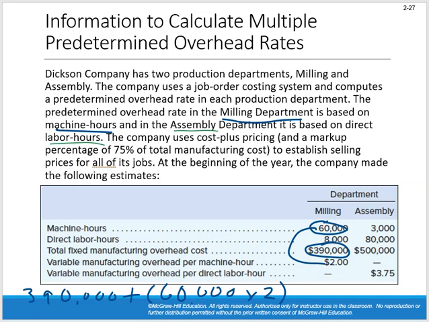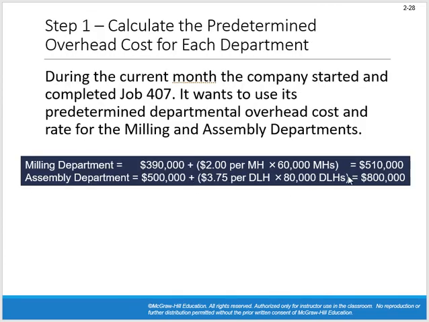Okay, so if we do all that math, 60 times 2, that'd be 120. This comes out to 510,000. So we add all that up, we've got 510,000 for the milling. Okay, so going back over here, that's where they got 510,000.